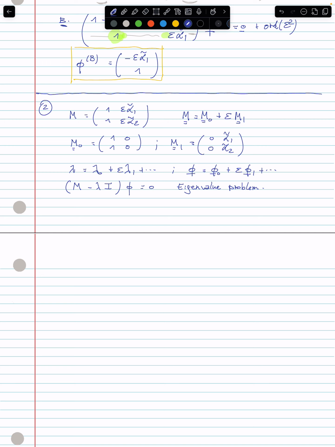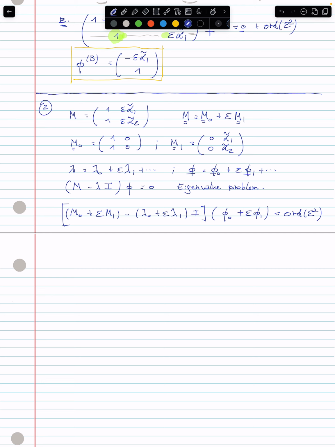Let's just replace M by the sum of M0 and epsilon M1. Lambda is lambda 0 plus epsilon lambda 1, multiplied by the identity matrix, and this is multiplied by phi 0 plus epsilon phi 1, and this is equal to order epsilon squared.